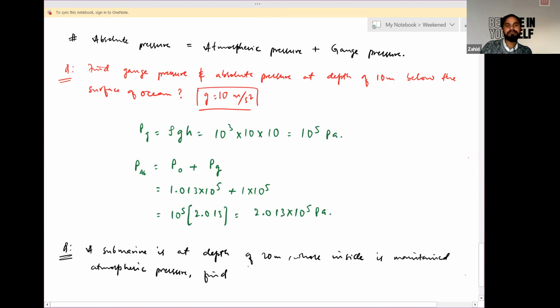Find force on its window having area 20 centimeters square.